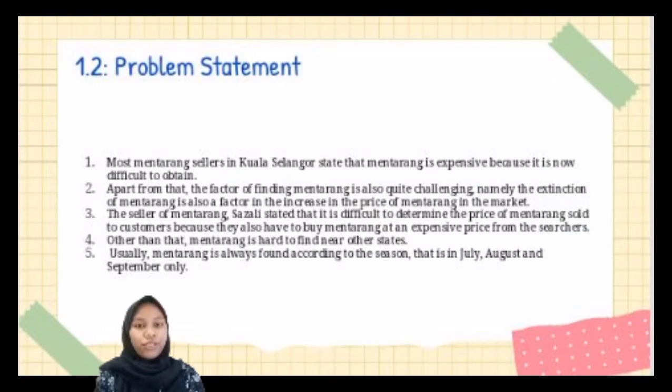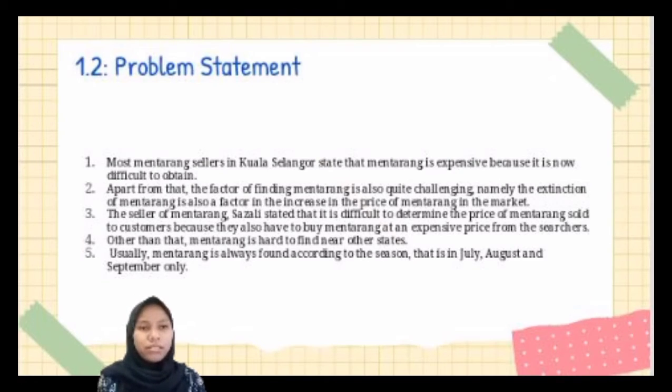Okay, next for problem statement. Most sellers in Kuala Samar say mentarang is expensive because it is difficult to obtain.